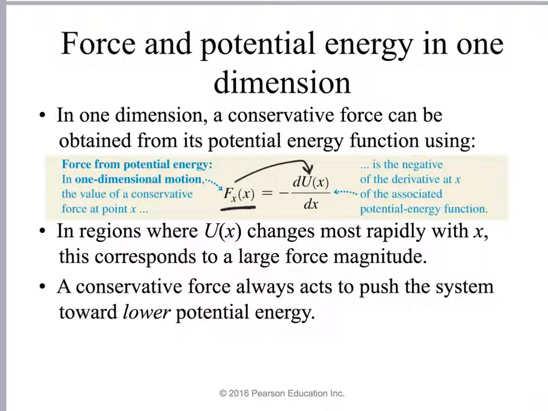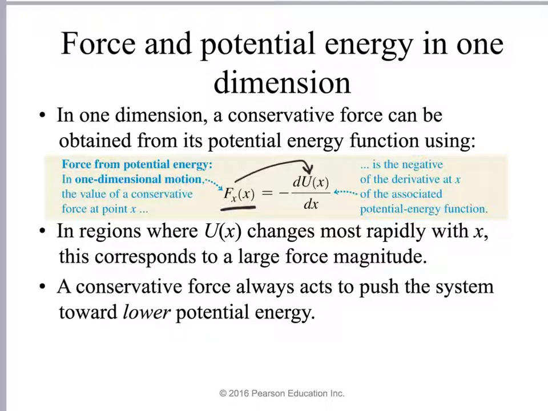What we see there is the conservative force will try to push the system to a lower potential energy. And that's a natural state of physics that we think about, that things tend to want to go towards lower potential energy.